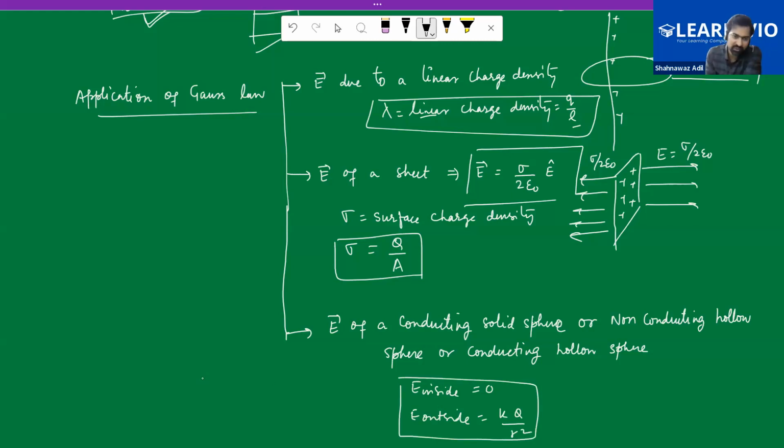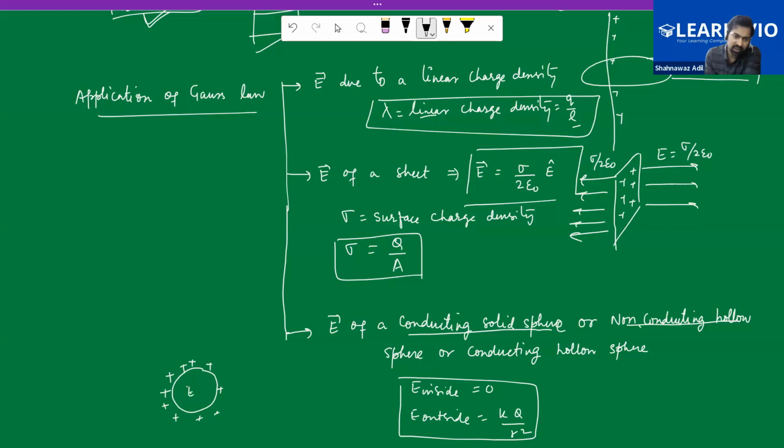So if you have a sphere and if it is conducting, all the charges would be at the surface. If it is hollow, then all the charges would be at the surface. If it is non-conducting hollow, all the charges would be at the surface. So for all these three cases, the charges are at the surface.